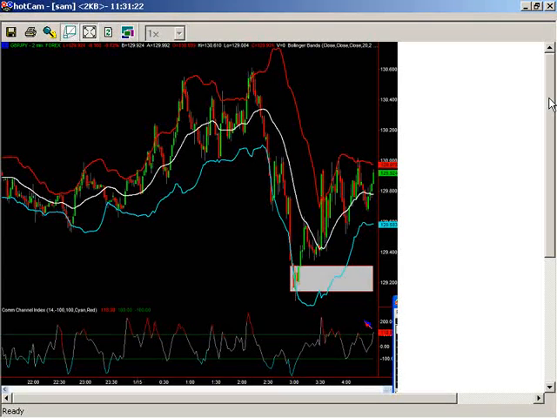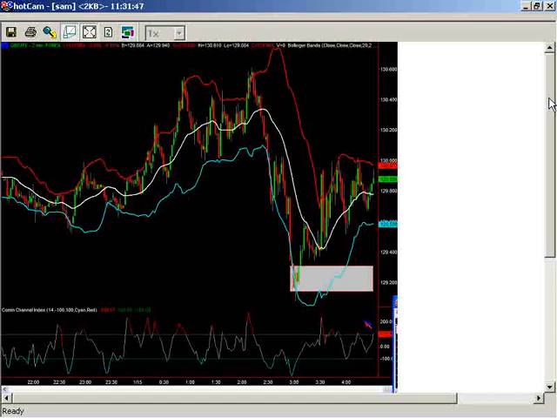Okay? Using something like the Bollinger Bands in and of themselves, simply buying when prices pierce the lower band and selling when prices pierce the upper band, that's not good enough. Wrapping key support and resistance levels, key demand and supply levels on these charts is really kind of the backbone that makes this strategy work.